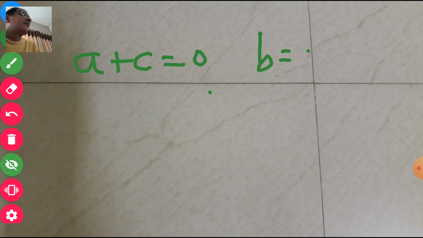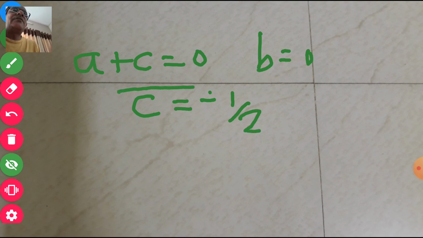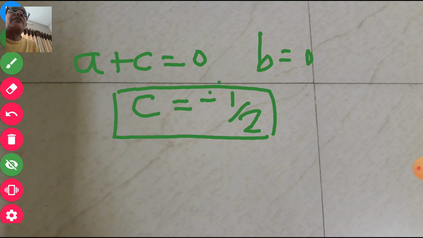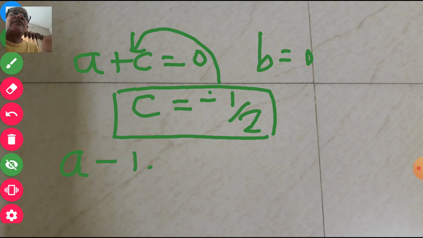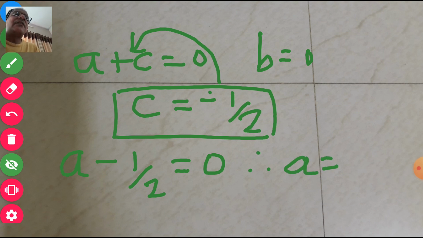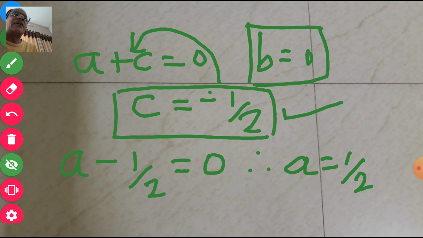Then B is equal to 0. And we had C is equal to minus 1 by 2. So if you place this value here, then what will you get? A minus 1 by 2 is equal to 0. Therefore A is equal to positive 1 by 2. So all the values are with you. B is equal to 0, C is minus 1 by 2 and A is equal to positive 1 by 2.